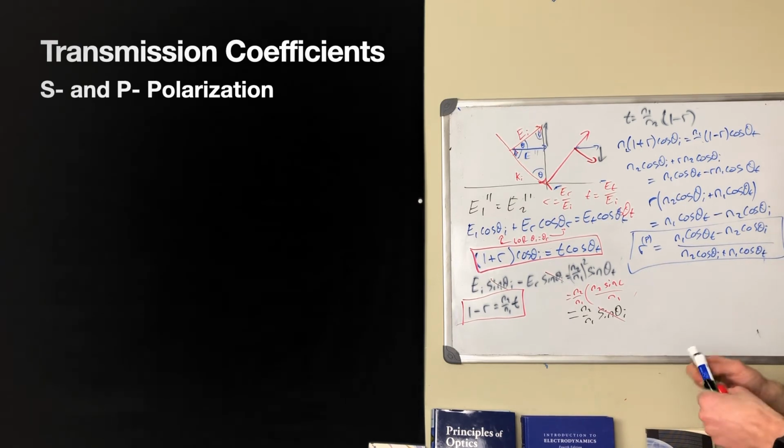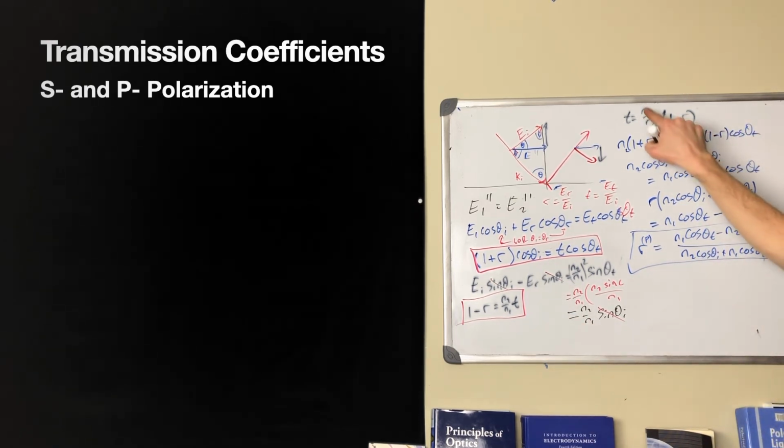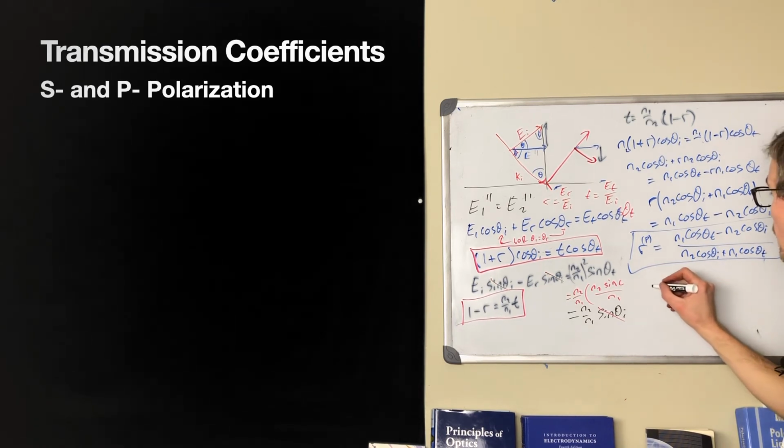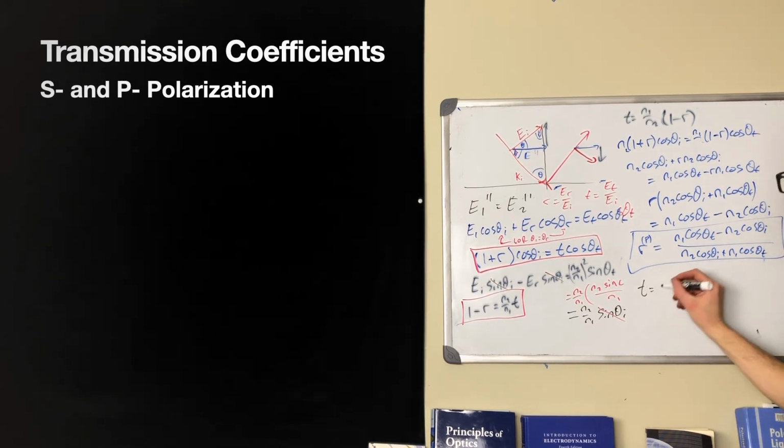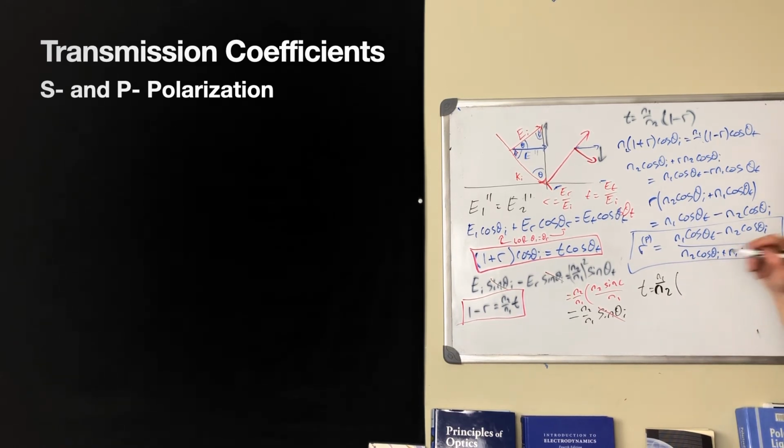So we can now just plug in the other equation that says that t is equal to N1 over N2 times 1 minus r. I'm just going to call cos theta t ct, if you'll allow me.